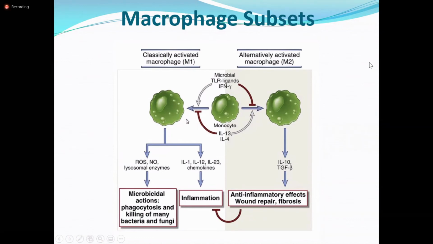And conversely, when you have the development of an M1 macrophage phenotype, these cytokines block the differentiation of an M2 pathway. So this is how the immune response is directed into whether it's going to be an anti-inflammatory, homeostatic type function or an inflammatory, microbial killing type function.